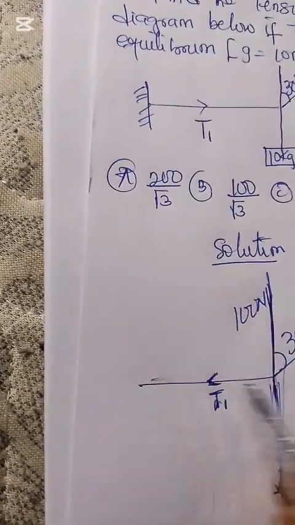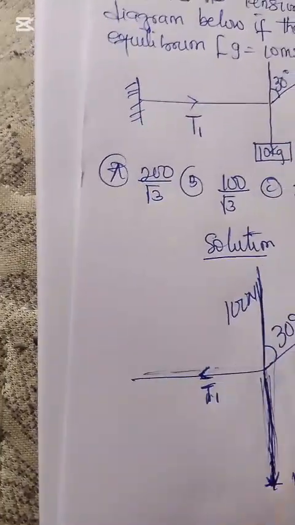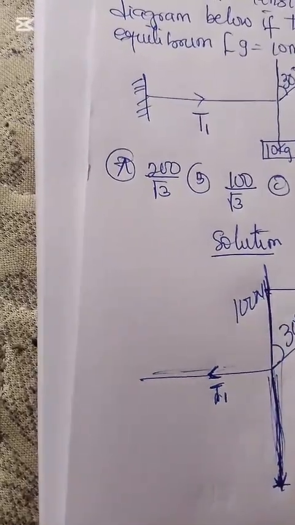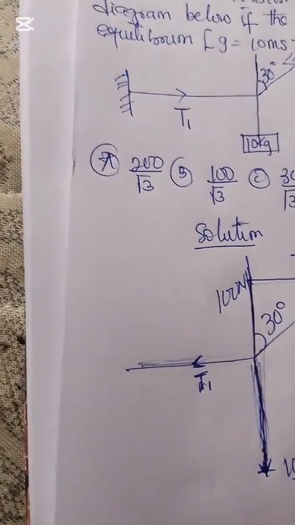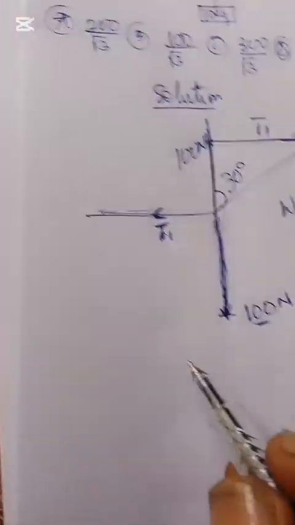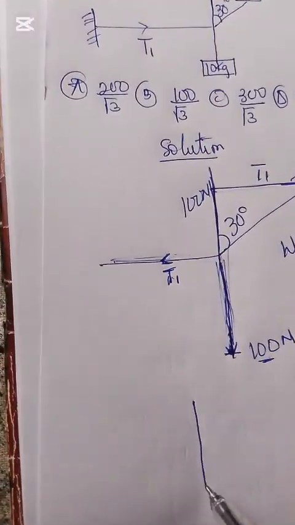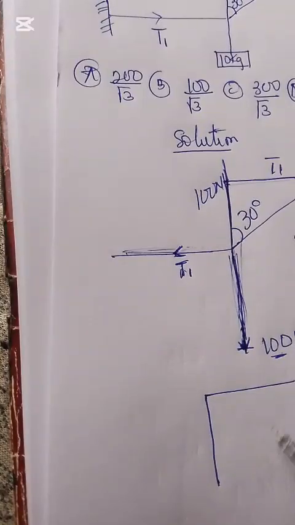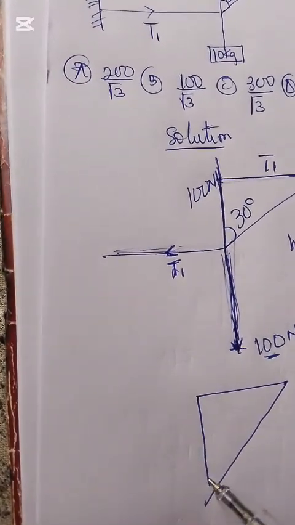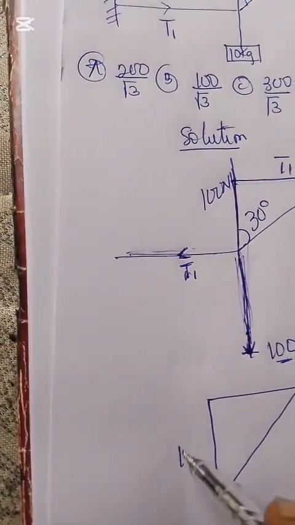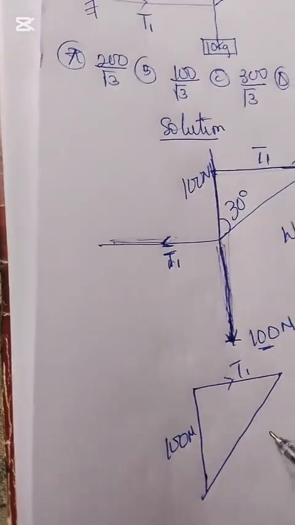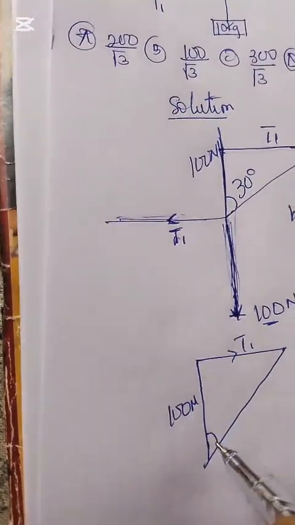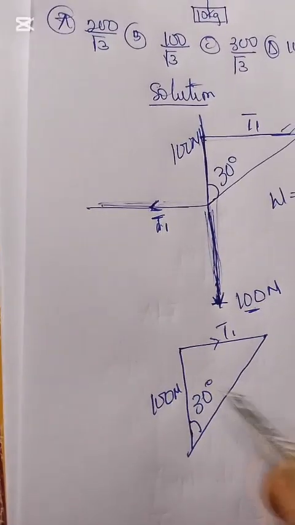Then since this is horizontal, I can close up this to get that horizontal force. So here I have T1. So the diagram can now be redrawn to give this. So here is 100 Newton. Here is T1 and here is 30 degree.